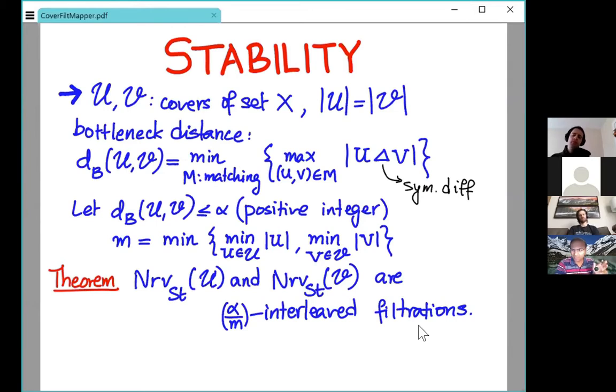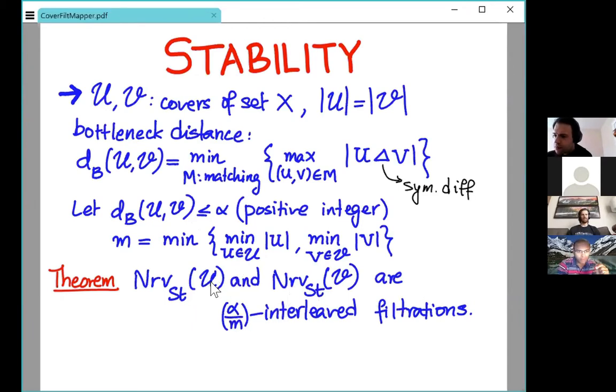The proof is not hard, but it's kind of technical, but it uses mostly first principles. In particular, we are able to say that without using, at least for me, any of the heavy machinery of categorical theoretical notions. So the intuitive idea here is that if alpha, the bottleneck distance between the covers, is small, then the filtrations are also alpha close in some sense.